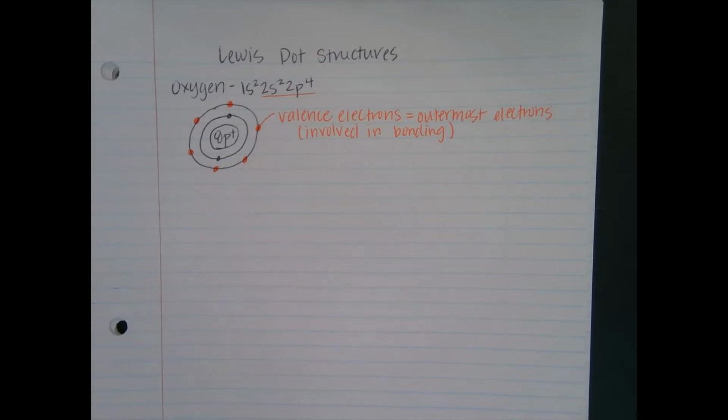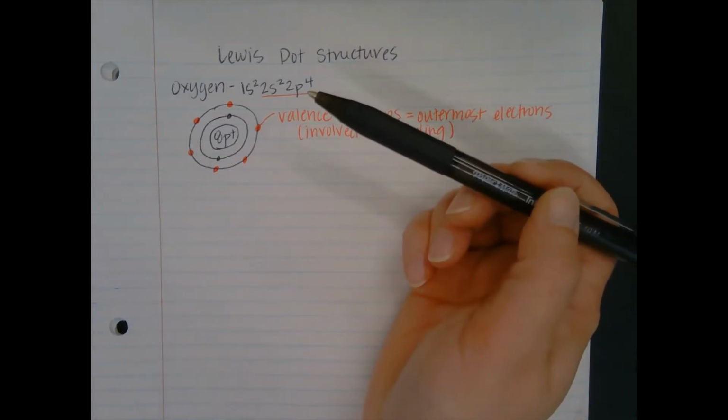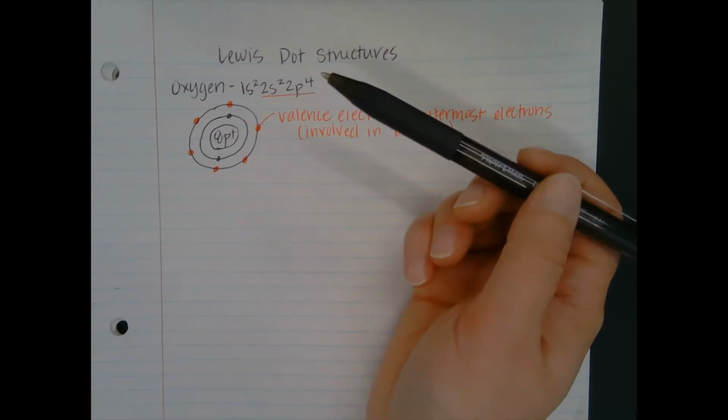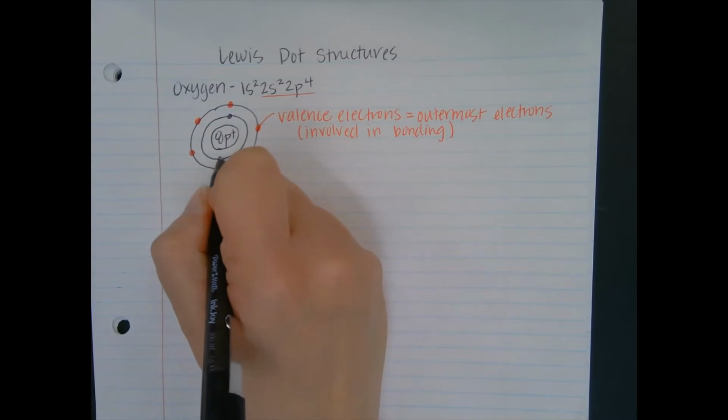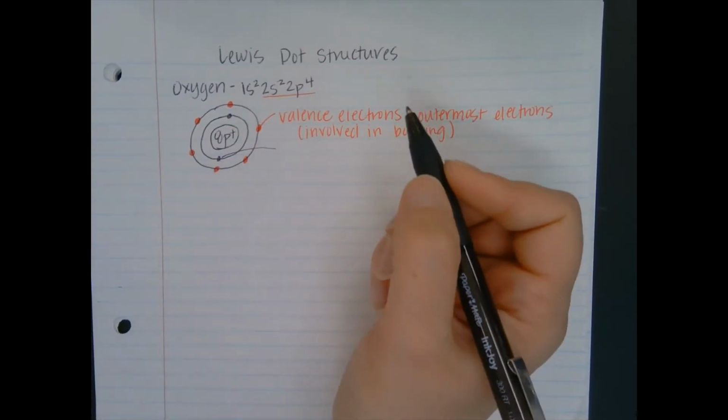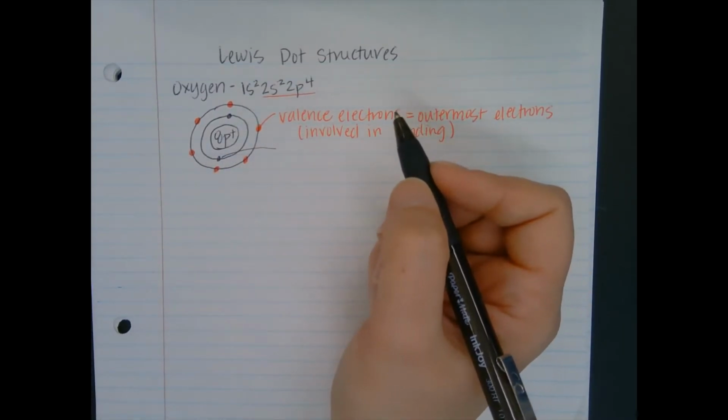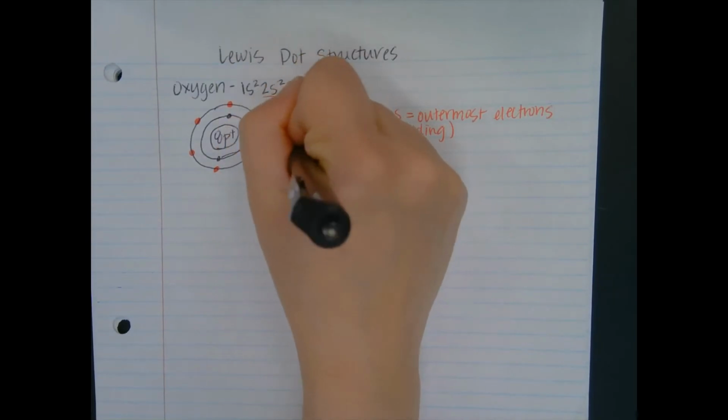Okay, flip back to the black color. Well, if the outside ones have a name, the inside ones need a name also. So we call the electrons on the inside, meaning everything that's not on that outermost energy level, core electrons.